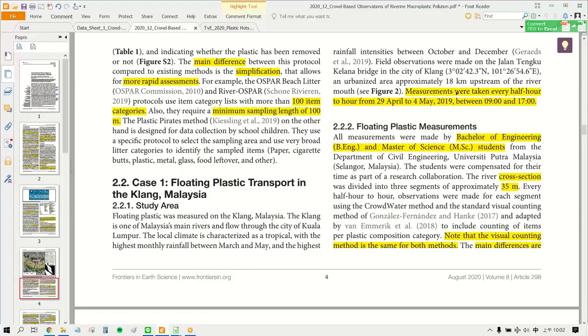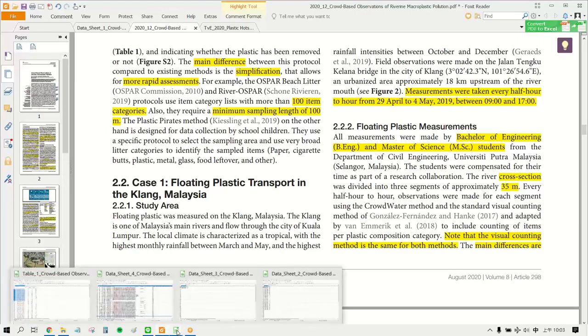For the floating plastic in this Malaysian river, the measurement was taken every half hour to hour from April 29th to May 4th between 9 a.m. and 5 p.m. But because I downloaded the supplemental data, I found something unclear in their data. I can show you here.